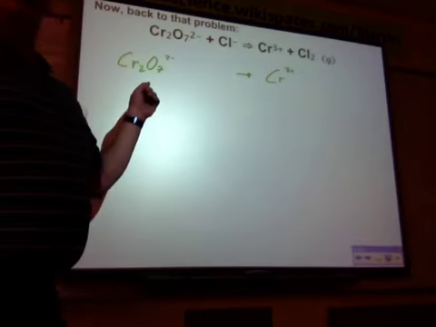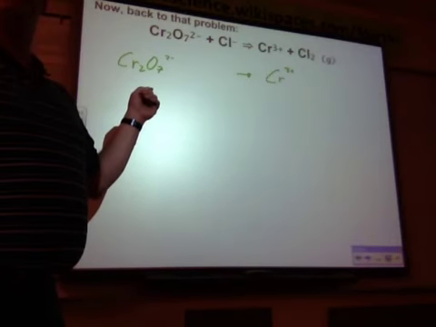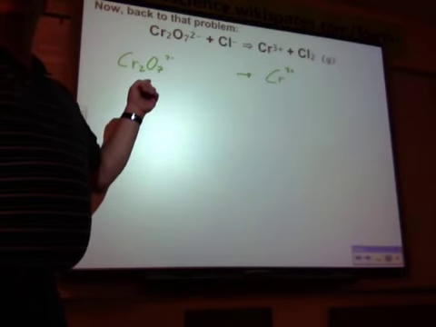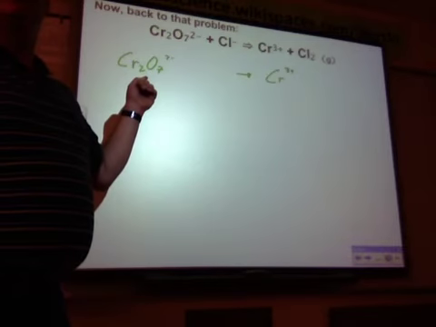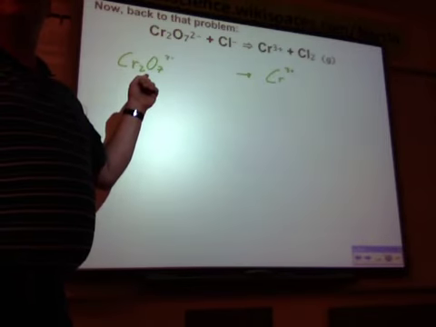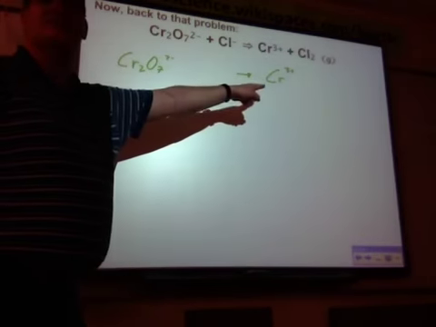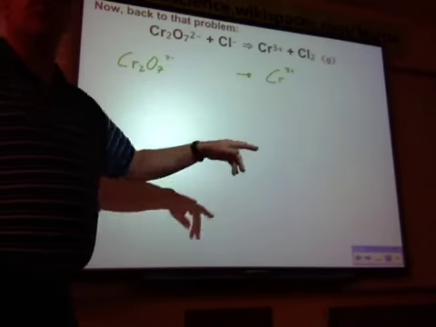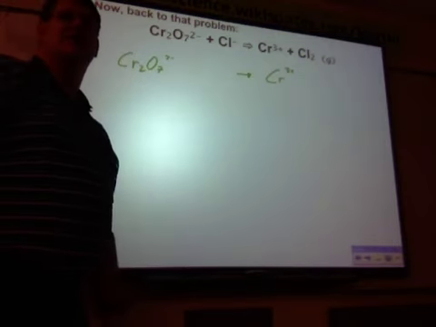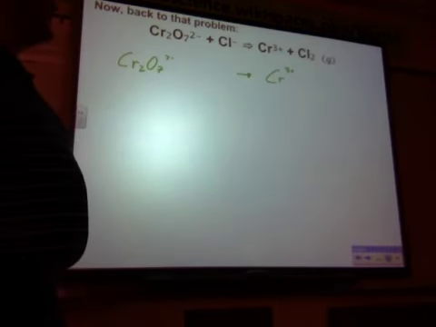Was this oxidation or reduction, by the way? This was reduction. Chromium here is a +6, chromium there is a +3. We're lowering the charge, that's a reduction half reaction. Okay? So let's apply the steps.